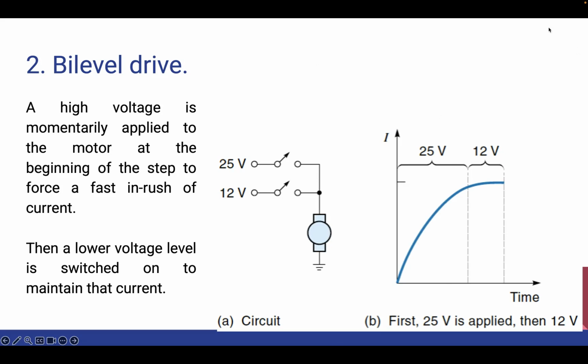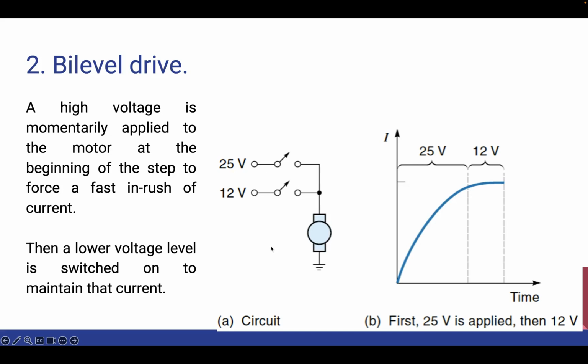The solution is to use the bi-level drive. This method uses a two-level power supply. As you can see, 12 volts and 25 volts are connected to the stepper motor. When the stepper motor operates at low speed or during holding, it's supplied with a lower voltage, for example 12 volts.